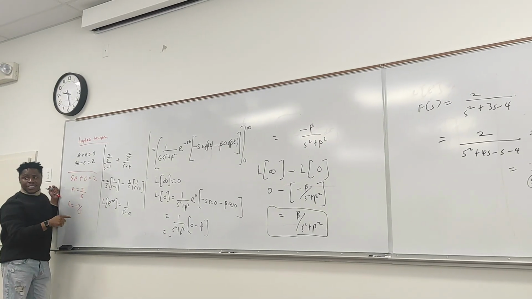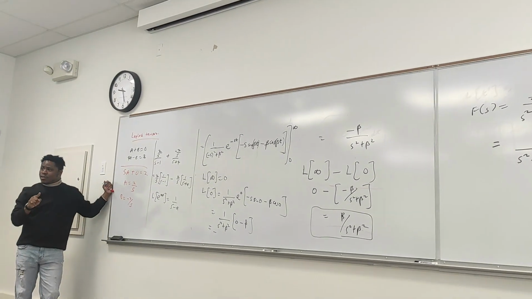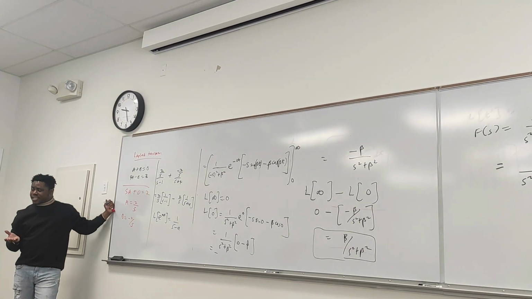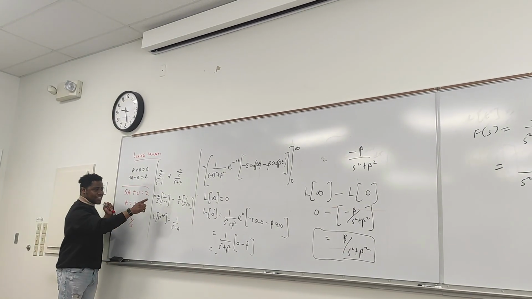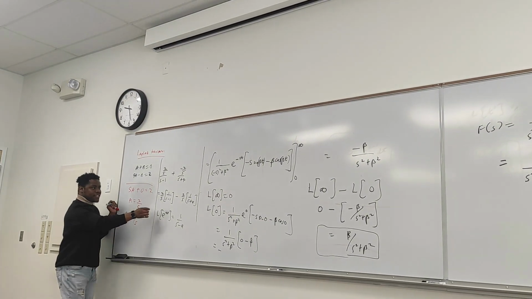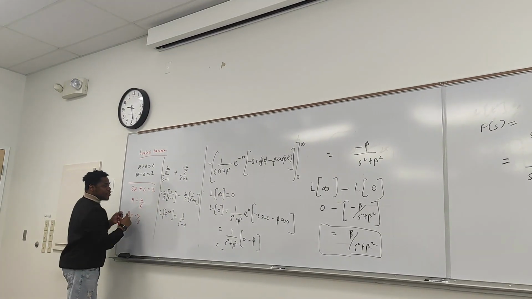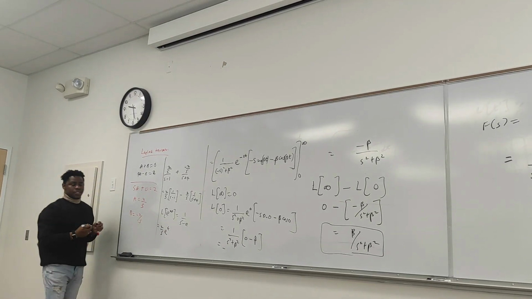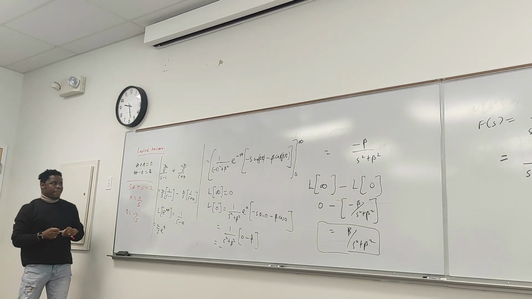Laplace is the same thing as exponential t, because Laplace of exponential t is 1 over s minus 1. So it means this guy here, the inverse of this is 2 over 5 exponential t. That's what it means. How about this one?